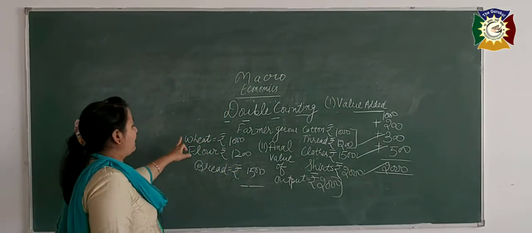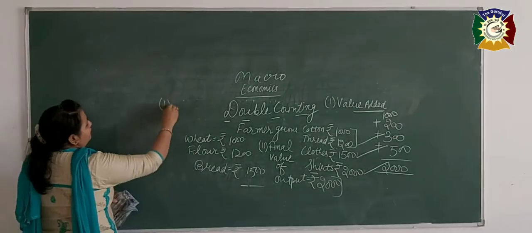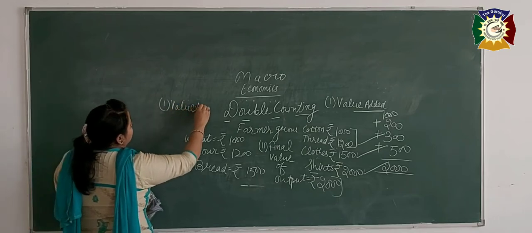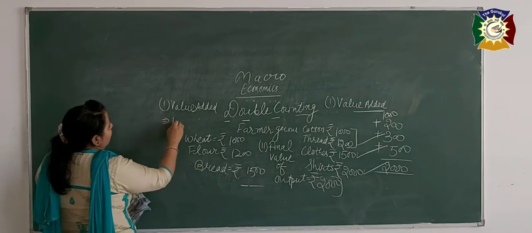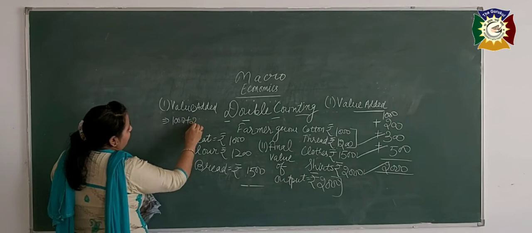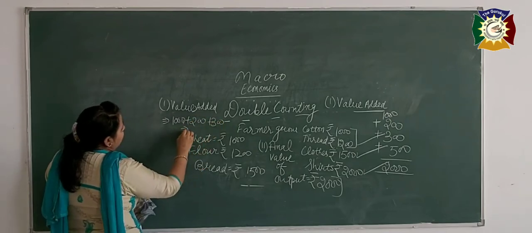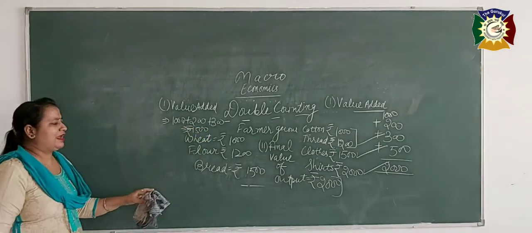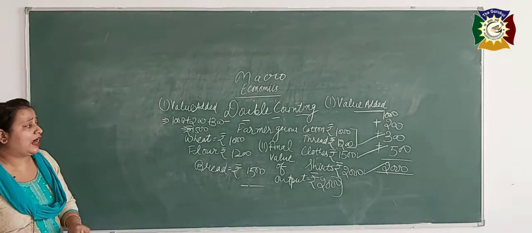Okay, the same you will apply in wheat. First is the value added method. How will you find the value addition? Value addition means 1000 plus 200 plus 300, that is 1500. And second is the final value of output, that is 1500.